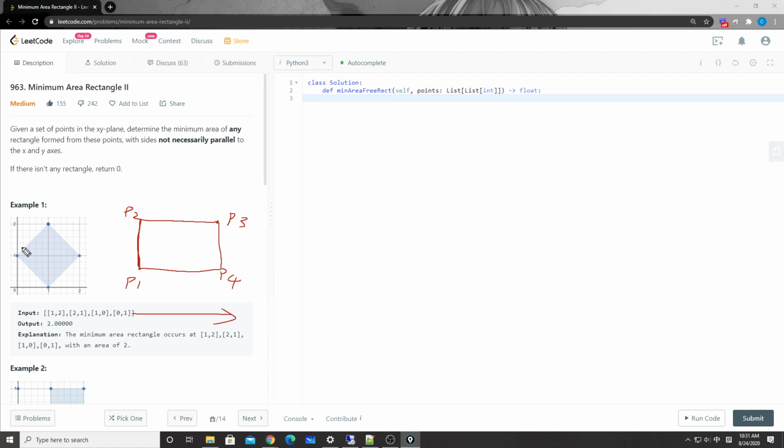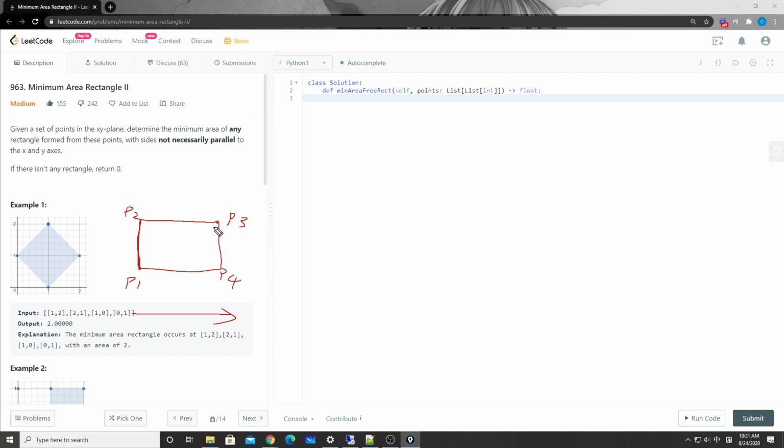But here, since the rectangle can be rotated in either direction, we cannot use the 2 points to fix that.